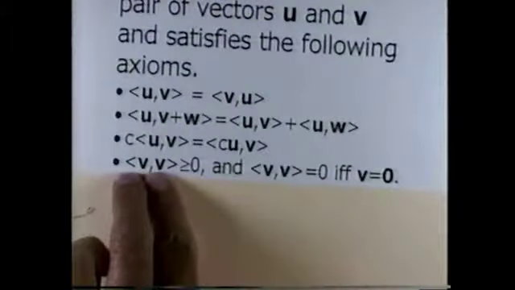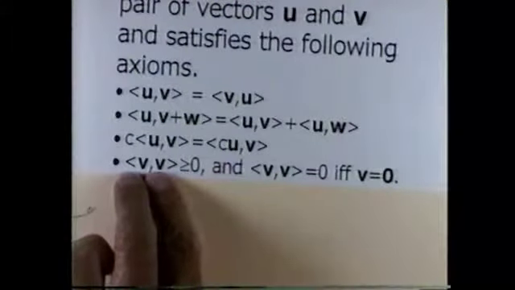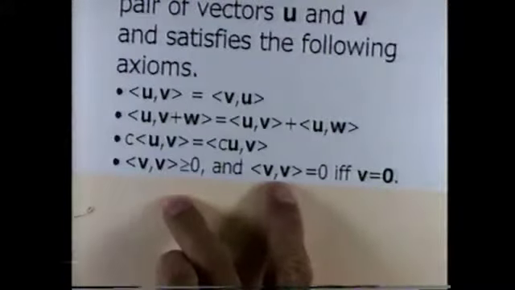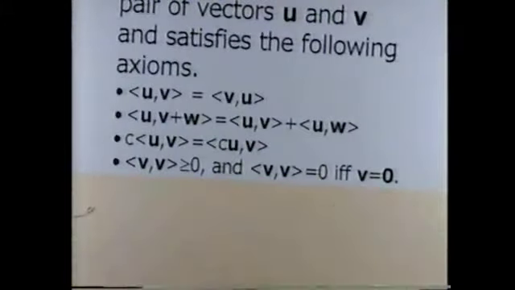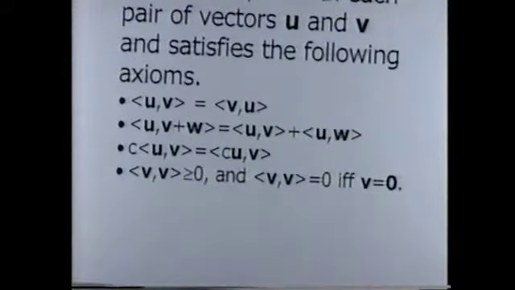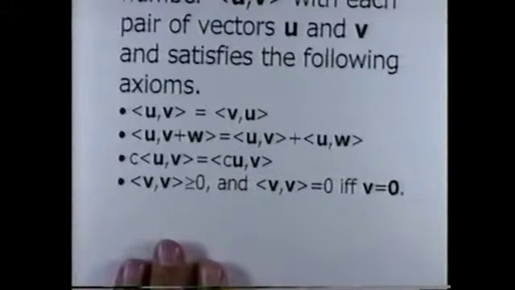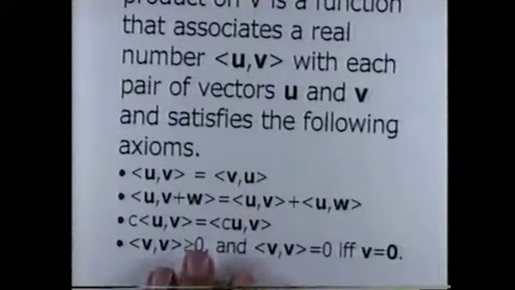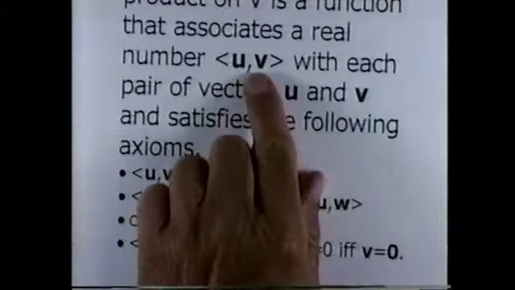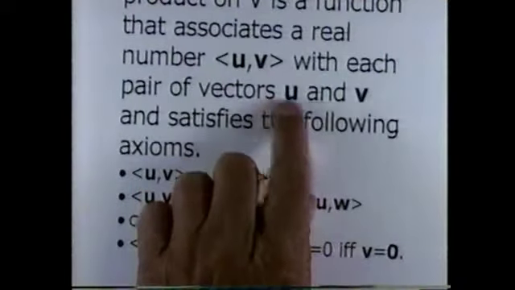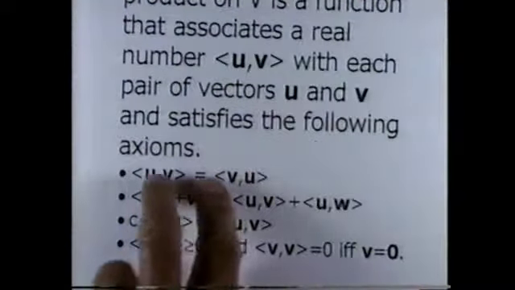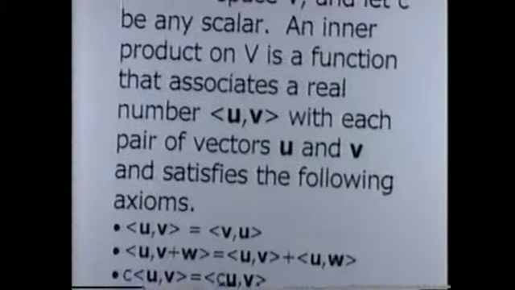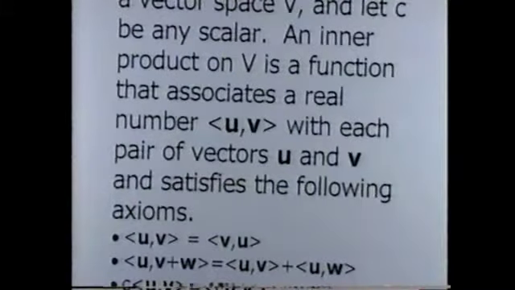The inner product of V with itself must be greater than or equal to 0, and it can be equal to 0 only when V is 0. So any function that associates a real number with each vectors U and V satisfying these four conditions will be called an inner product.